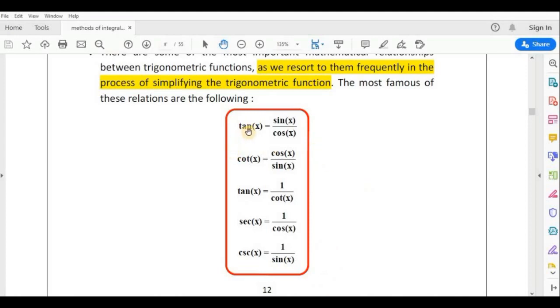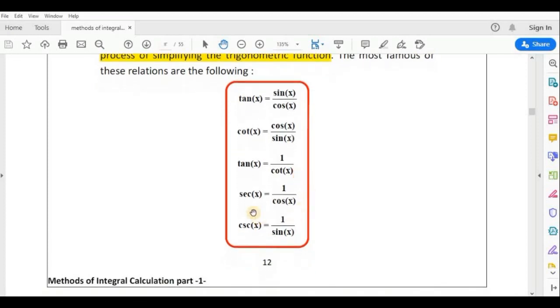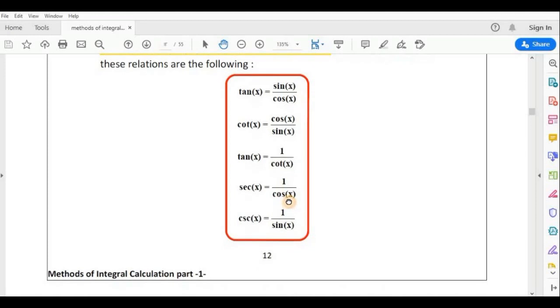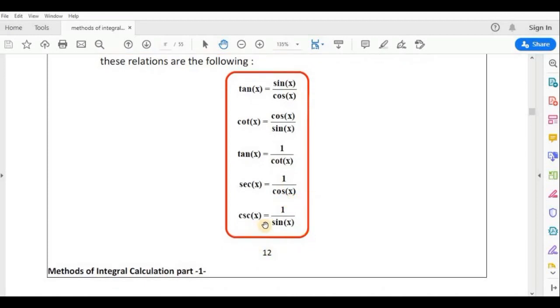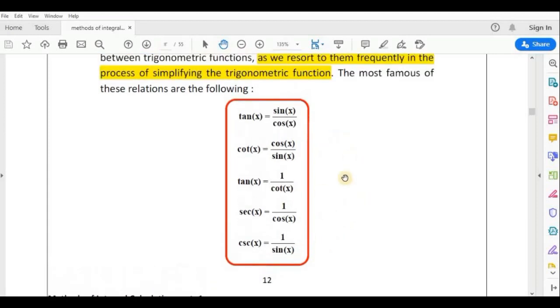As we can see, tan equals sine divided by cosine, cotan equals cosine divided by sine, and tan is 1 divided by cotan, and sec will be equal to 1 divided by cosine, and cosec will be equal to 1 divided by sine. This is also important.